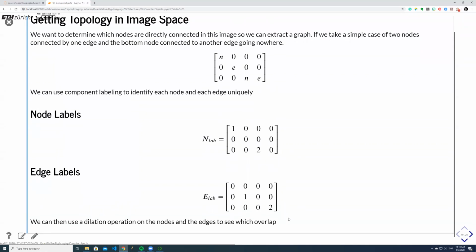Now from that, we want to see how they overlap. For that, we use the dilation of the nodes to see which edges actually overlap with these nodes. You have the node, and with the dilation you can see how it fills over.